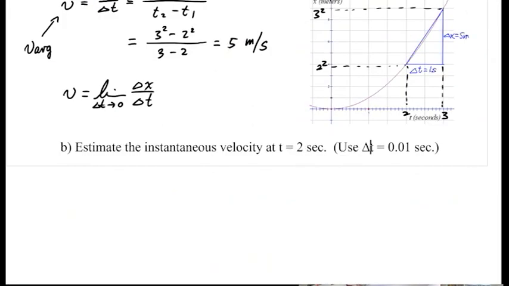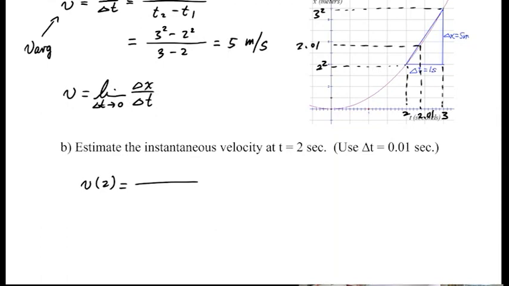So we can say velocity at 2 is equal to, now on the denominator, let's go a little bit here. Let's exaggerate, and this is 2.01. You know what I'm saying? And this is 2.01 squared. So we have 2.01 minus 2, and then you have 2.